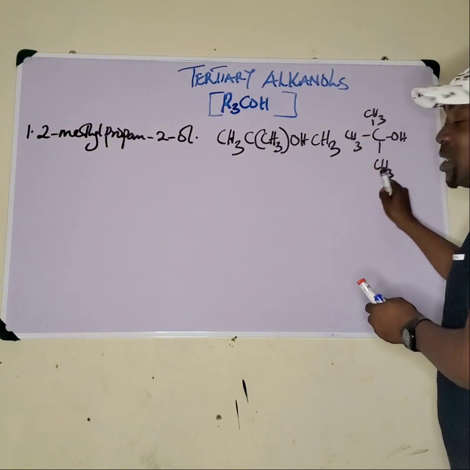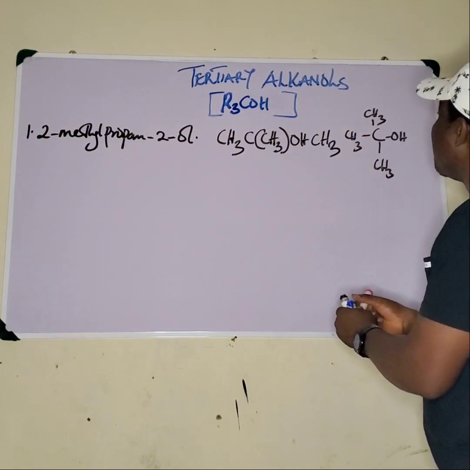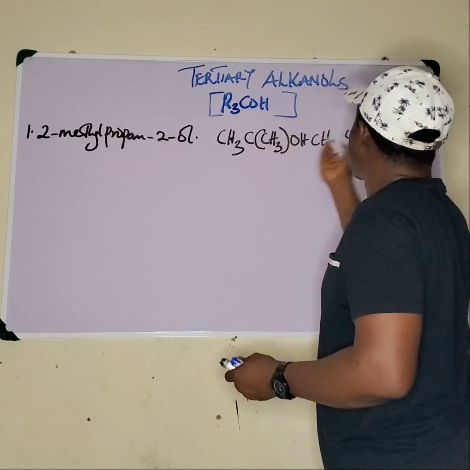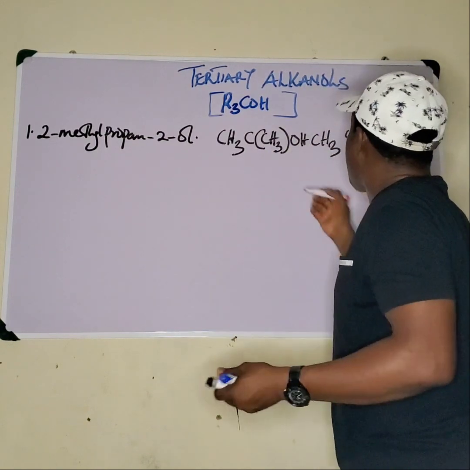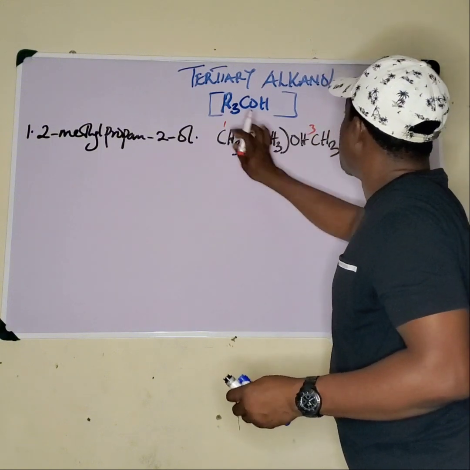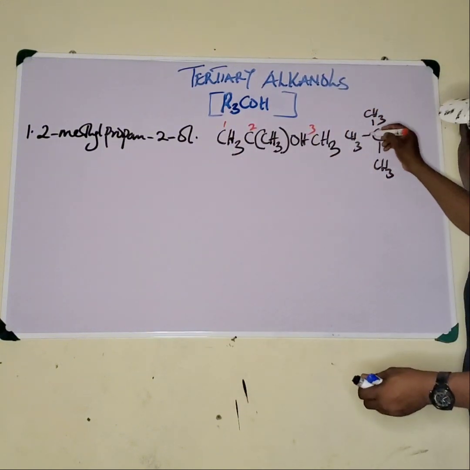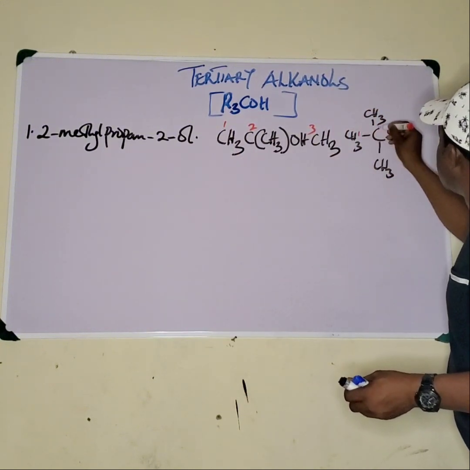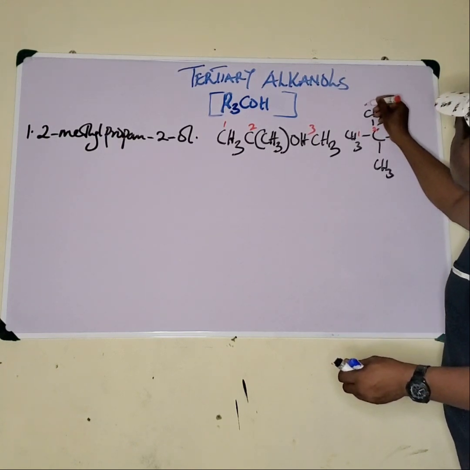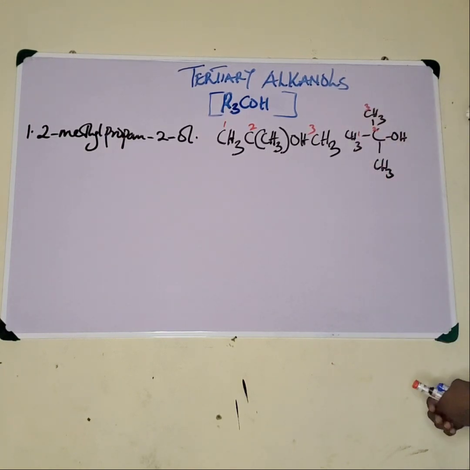This is the same thing with this. If I am naming this, we are naming 1 or 1, 2, either way, it will still come into 2. 1, 2, 3, or 1, 2, 3 is the same. So we are naming 1, 2, 3, or you can come here, 1, 2, 3. So that is how we are naming it.